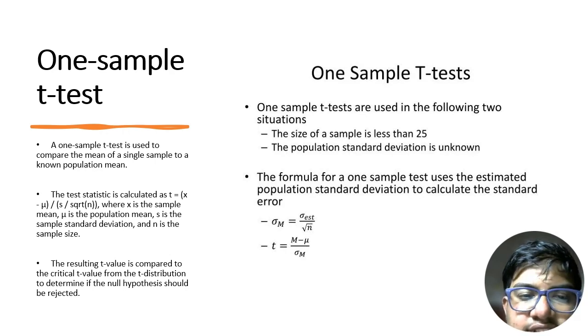The one sample t-test is used in situations where the size of the sample is less than 25 or the population standard deviation is unknown. The formula uses the estimated population standard deviation to calculate the standard error.